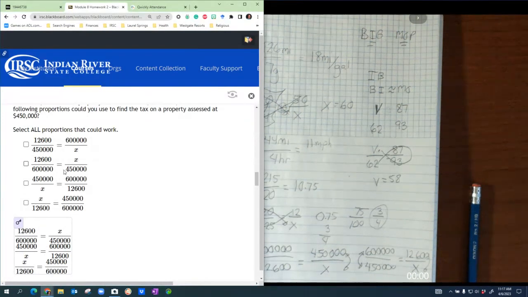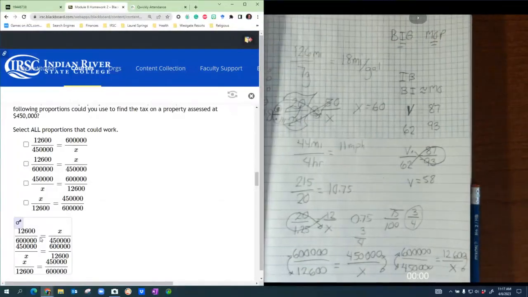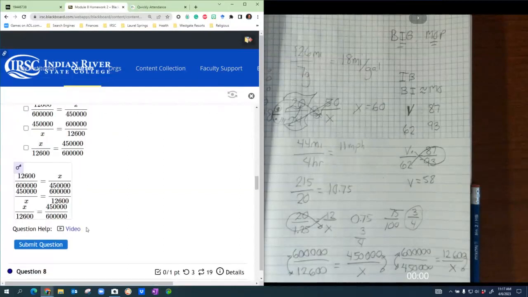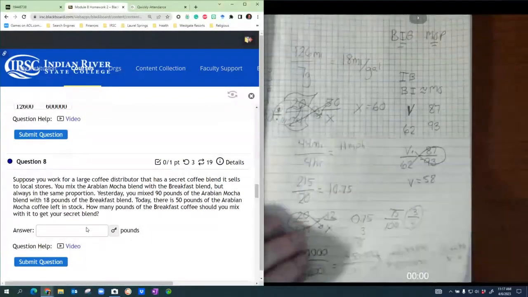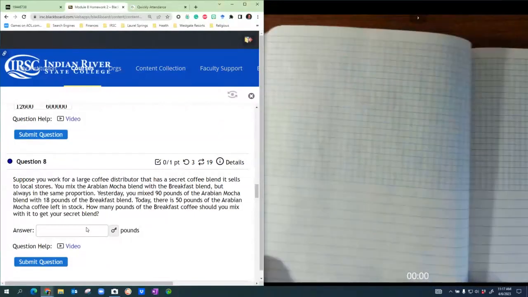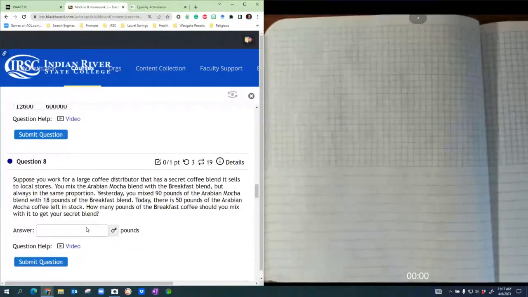And that means this one is also a viable answer, because these two middle ones are actually the same exact thing, by the way. So that's why all three of those are available. All right, that was interesting. I like that. So it's a matter of keeping the proportions intact and understood.